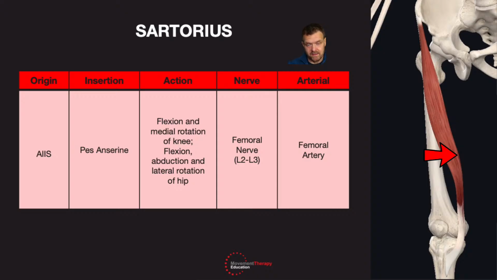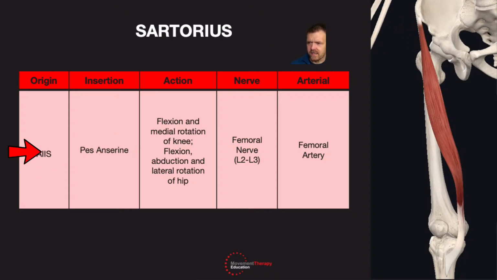Because of that cross-legged position, they would have an overdevelopment of this muscle because the action of this muscle is flexion, medial rotation of the knee, flexion, abduction, and lateral rotation of the hip. Yeah, so we've got that flexion, abduction, lateral rotation of the hip. That's crossing your legs. Yeah, so if you spend your working life with your legs crossed, you will have a very well developed sartorius.